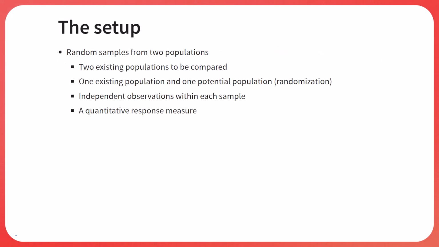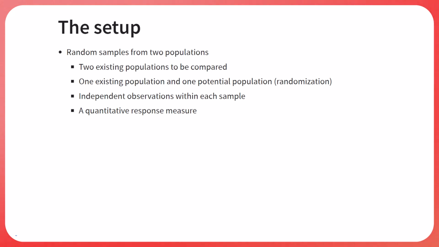Here's the setup. We use this setup in each of the previous 3 videos. We have 2 existing populations to be compared. That is, we may take 2 samples from 2 different populations, but more commonly, we sample from one existing population, randomize to conditions, and then create a potential population by applying a treatment in one of our conditions.